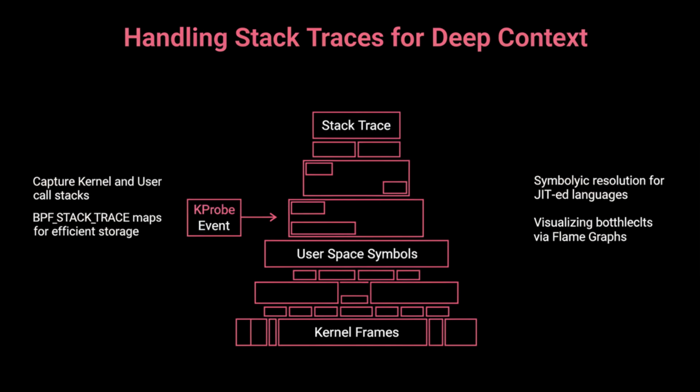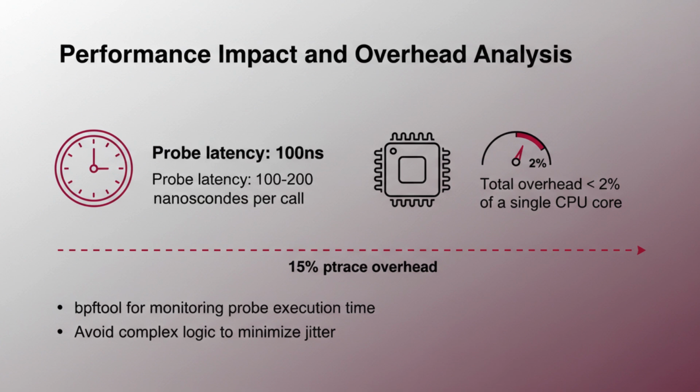A primary concern for any infrastructure engineer is the observer effect. To mitigate this, we must optimize our eBPF programs. Every instruction in our probe adds nanoseconds to the syscall execution. We must minimize helper function calls and avoid complex logic inside the probe. In our testing, a well-optimized KProbe profiler adds roughly 100 to 200 nanoseconds per call.